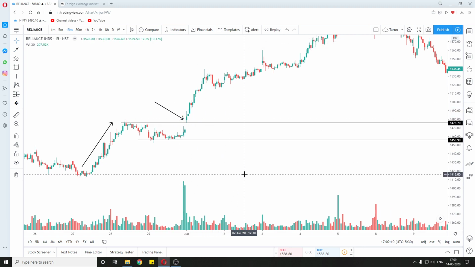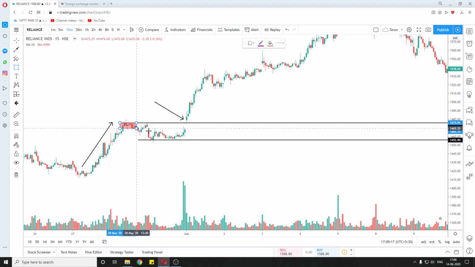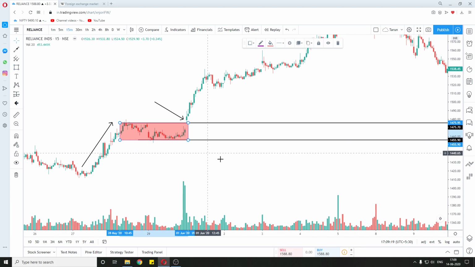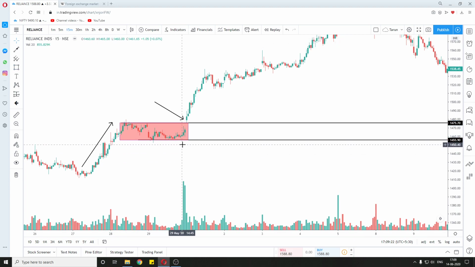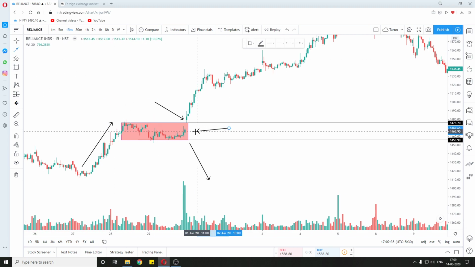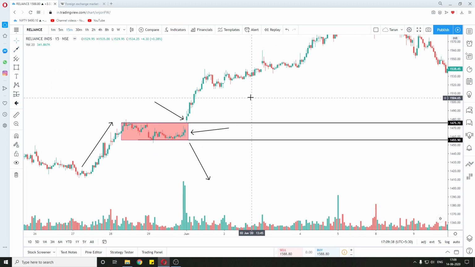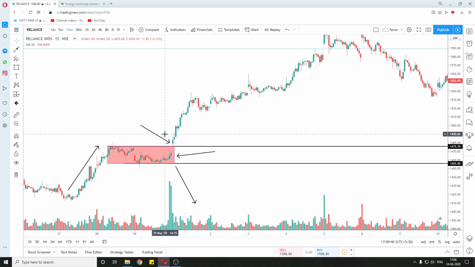What we get to know after the breakout is that this entire range was for buying and not for selling, because if the big players were accumulating selling positions here, the price would have gone down. Now that the price has gone up and above this accumulation, this tells us that this entire volume was for buying. Then the big players push the price up.